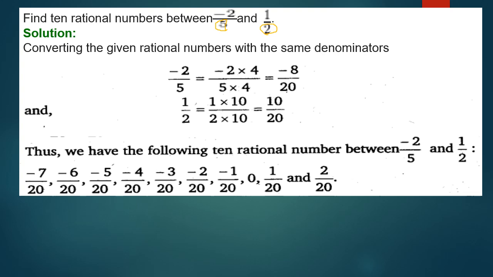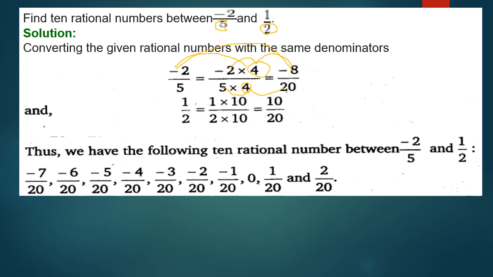Children, minus 2 by 5. So let us multiply both the numerator and denominator with the number 4. Minus into plus is minus itself. 2 4s are 8. Then the denominator, 5 4s are 20. So we got minus 2 by 5 as minus 8 by 20.